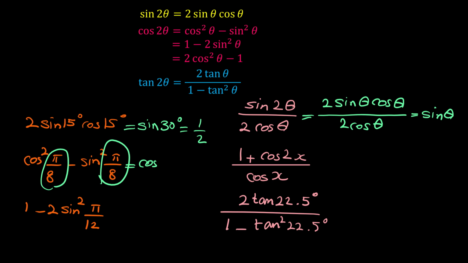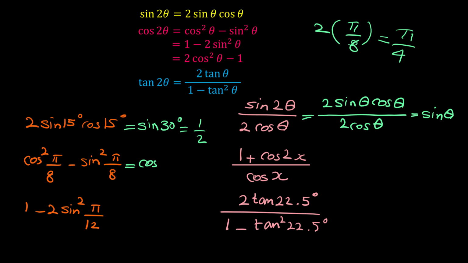What is double of pi over 8? What is 2 times pi over 8? 2 times pi over 8 is pi over 4, because 2 with 8 simplifies and we have pi over 4. So cosine to the 2 of pi over 8 minus sine to the 2 of pi over 8 is cosine of pi over 4.